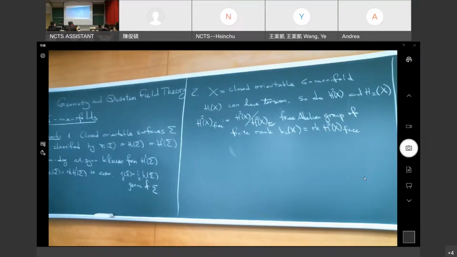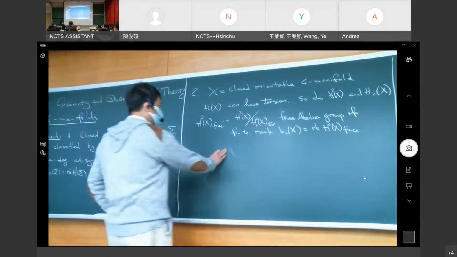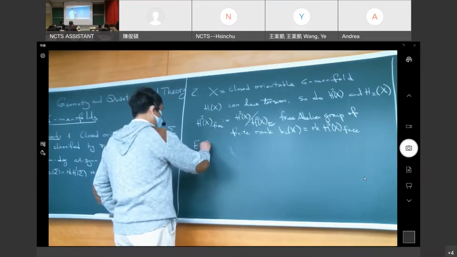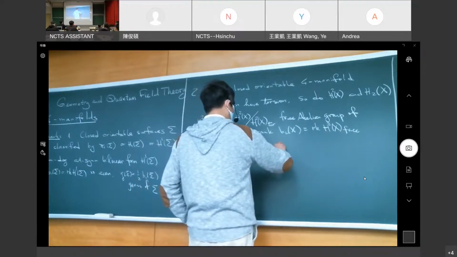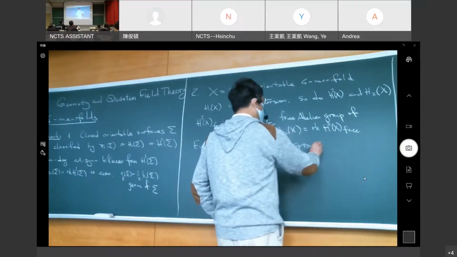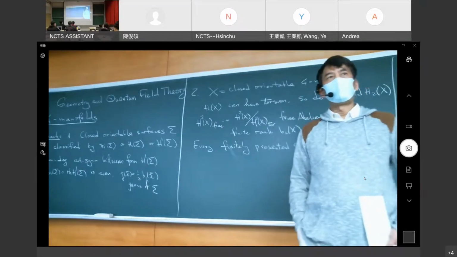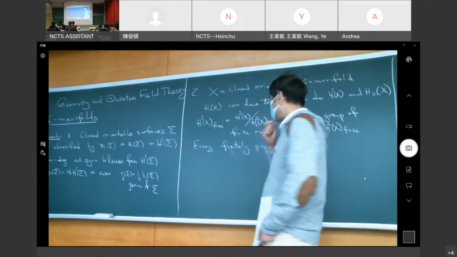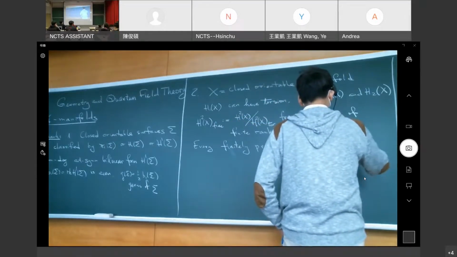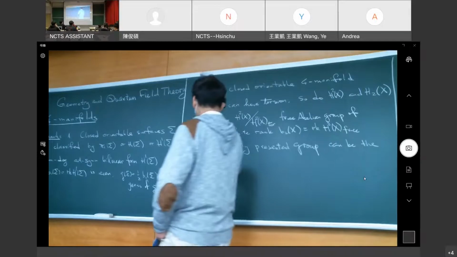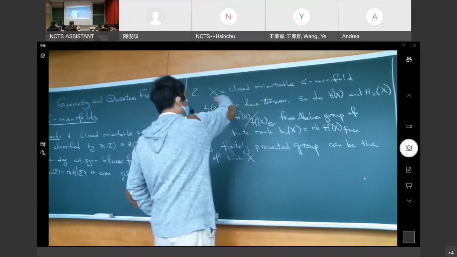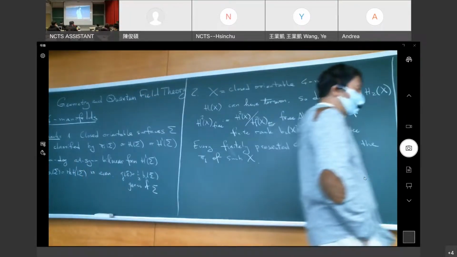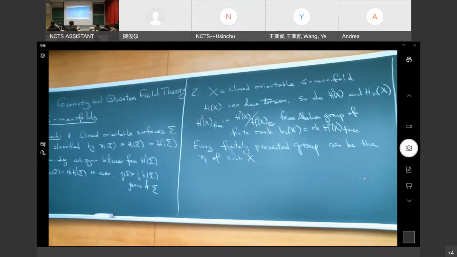But if we look at the 4-manifolds, things are very complicated in the sense that every finitely presented group, these are discrete groups which have a finite number of generators and also a finite number of relations, any such group can be the fundamental group of one of such X described before. So that is a lot of possibilities.